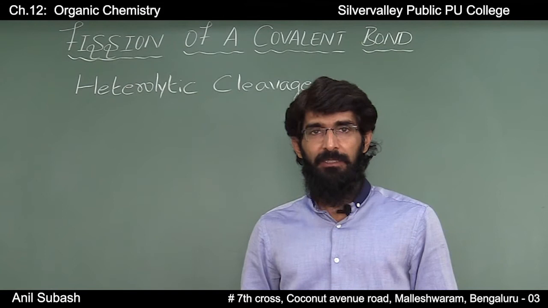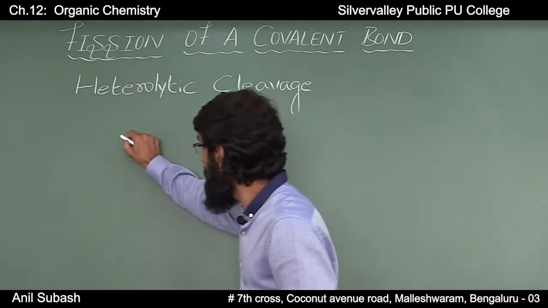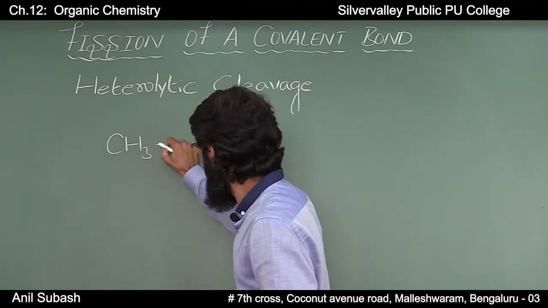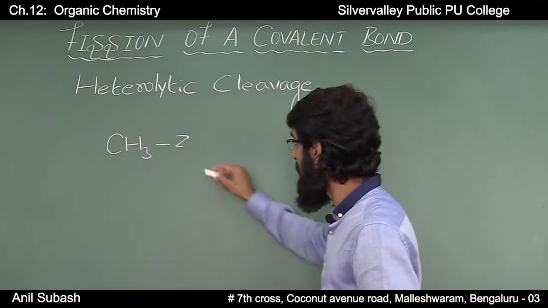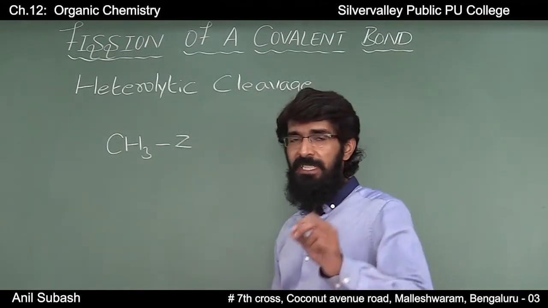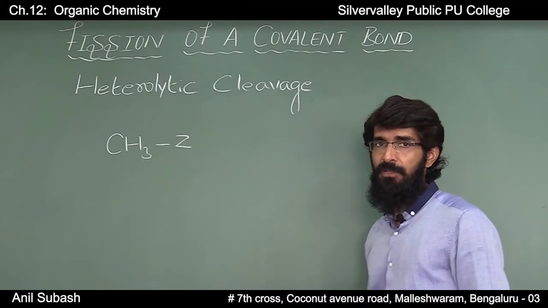Heterolytic cleavage can also give a species in which the carbon atom may carry a negative charge. That is, let us assume you have a CH3 group to which a species Z is attached.